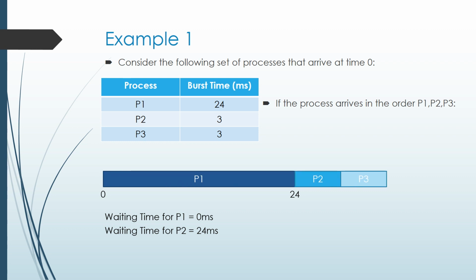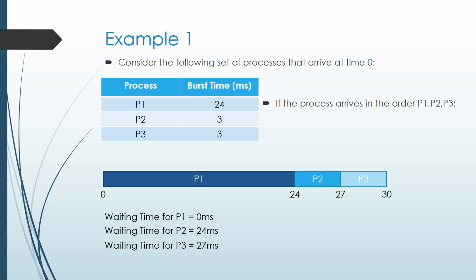Now when P3 arrives, the waiting time of P3 becomes 27. It's because 24 plus the burst time of P2, which is 3 milliseconds. So 24 plus 3, that's why it becomes 27 milliseconds. So we have a total of 30 milliseconds.